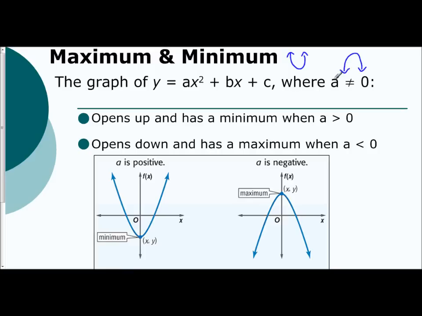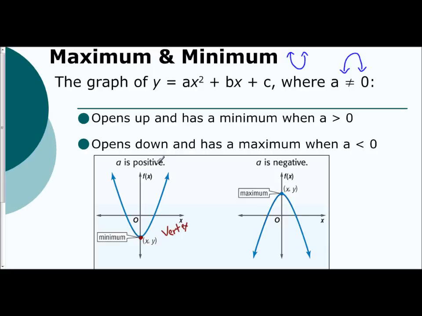Each type of opening has its own property. If the graph opens upwards, then we say that the function has a minimum value, because we see here our graph is opening upwards, and so our vertex actually represents the lowest point on the graph.